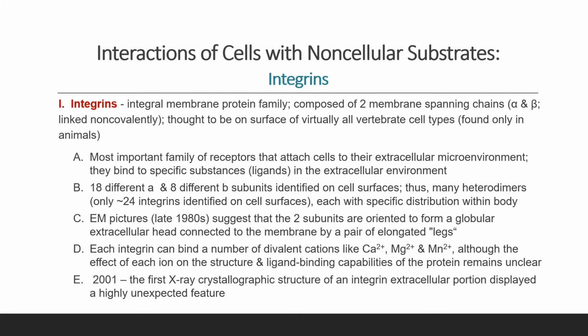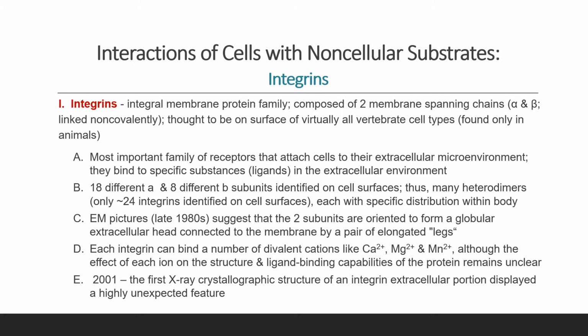This is the most important family of receptors that attach cells to their extracellular environment, and they bind to specific substances in the extracellular environment, or the ligands. There are 18 different alpha and beta subunits identified on the cell surfaces, and thus many heterodimers, each with specific distribution within the body. Only around 24 integrins have been identified on the cell surfaces.